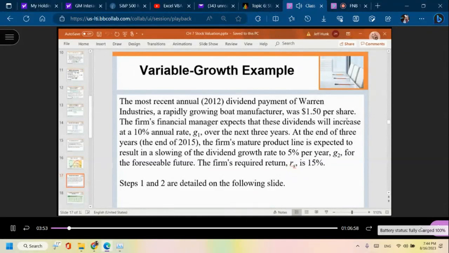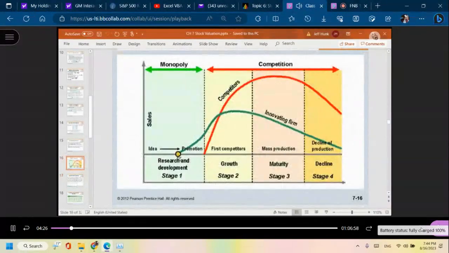They paid $1.50, that's the most recent dividend. The name of the company, Warren Industries, a boat manufacturer, and which industry it is in, is less important at this point. But one thing you have to focus on is the fact that it is rapidly growing. Remember, if it is rapidly growing, there is a fast growth phase, and then a slower growth phase.